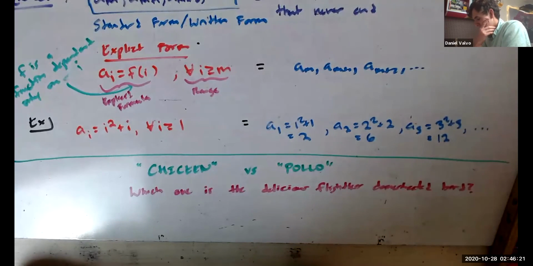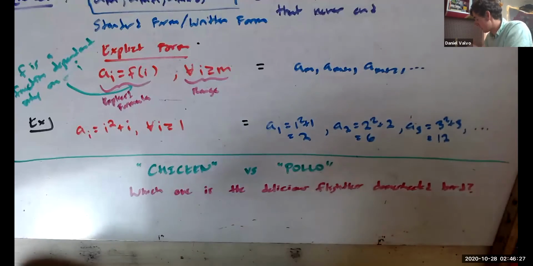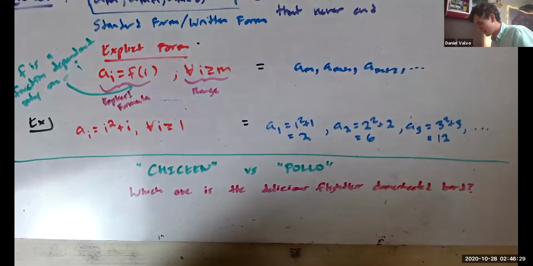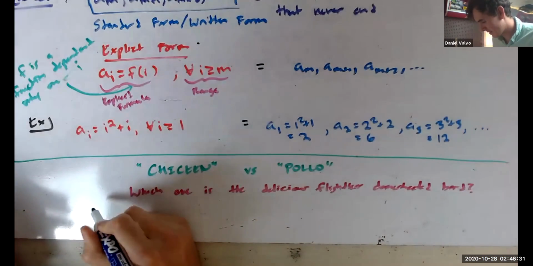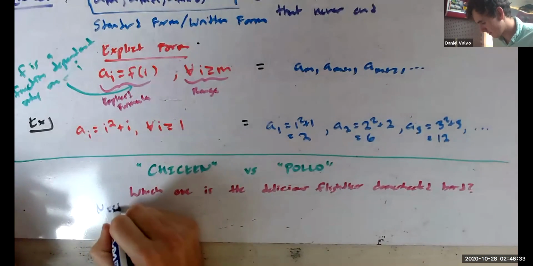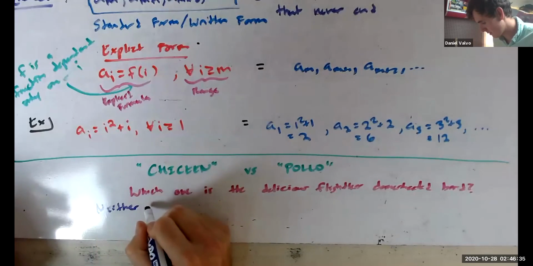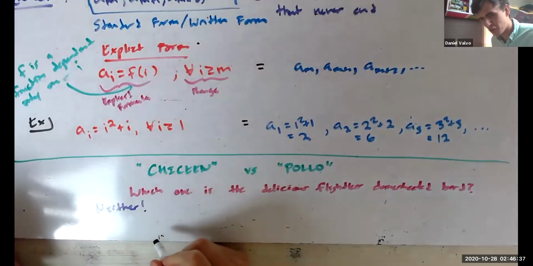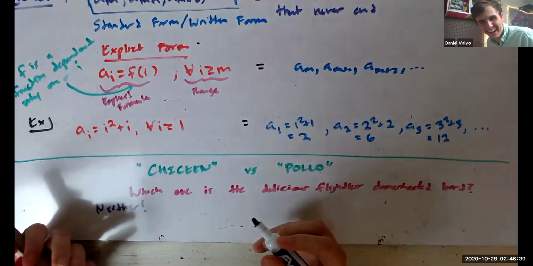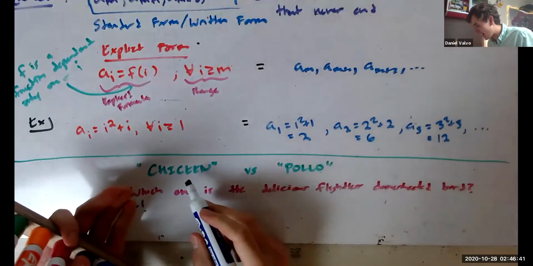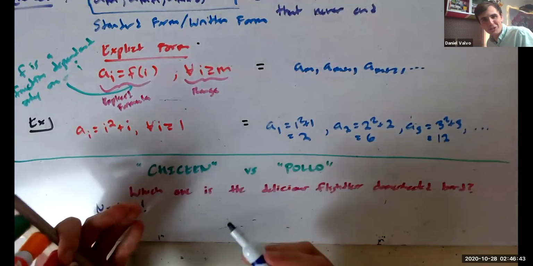Here's the thing, and I feel like I'm gonna get a bunch of moans about this, but it's important. The answer is neither. They're both words. Neither of these are the delicious flightless bird.